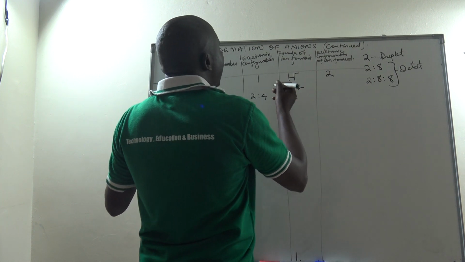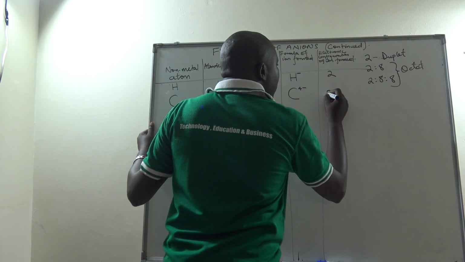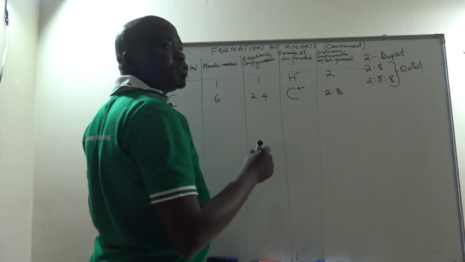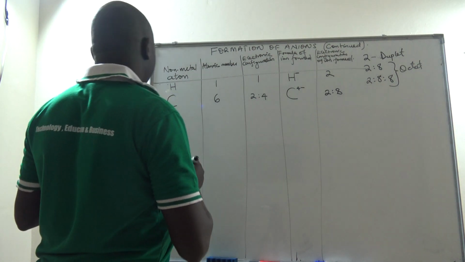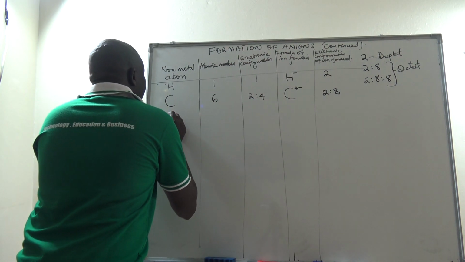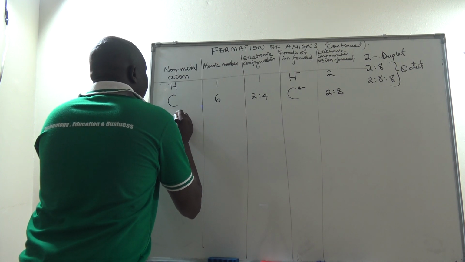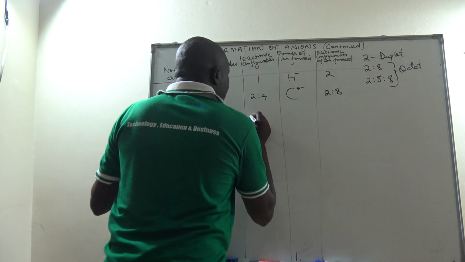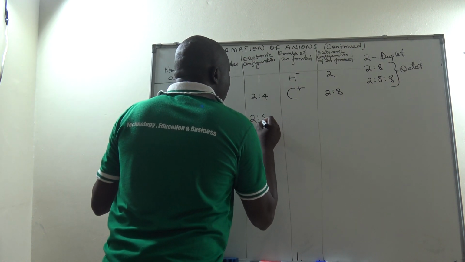And then the resultant electronic configuration will be 2 to 8, since 4 electrons are gained to fill the outermost shell. That is carbon. Let's go to nitrogen. The atomic number is 7. The electronic configuration is 2 to 5.